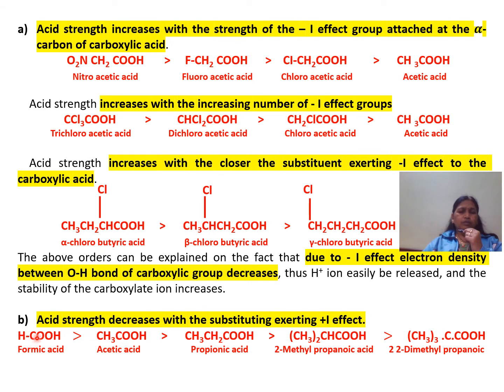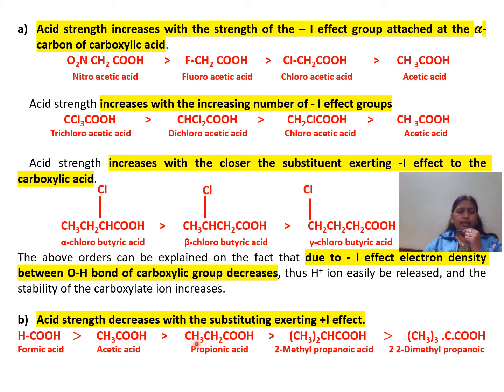Here, to the carboxylic acid group is attached hydrogen, here methyl, here ethyl, and here isopropyl and tertiary butyl. So hydrogen has the least plus I effect, so it is most acidic. The methyl group has comparatively greater plus I effect, so it is less acidic.